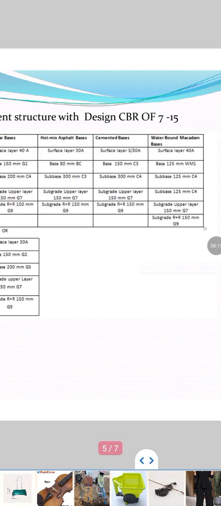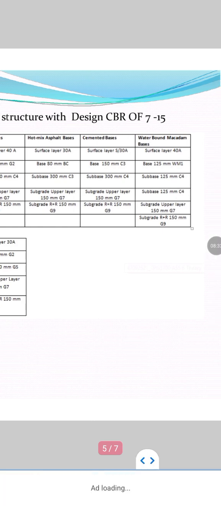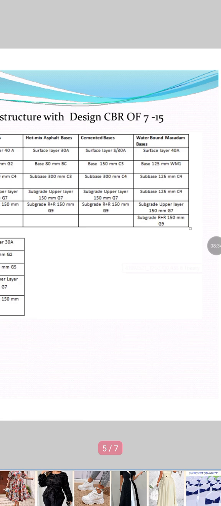We also did it for asphalt bases. We can see the surface, we can use 30 millimeter, base 80 millimeter BC, sub base 300 millimeter C3, and the subgrades there. For cement bases it's also 150. For the surface layer it's 30 asphalt, base is 150 millimeter C3, sub base is 300 millimeter C4.